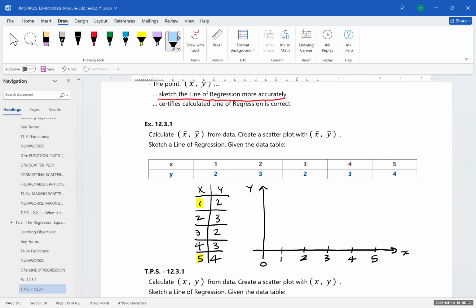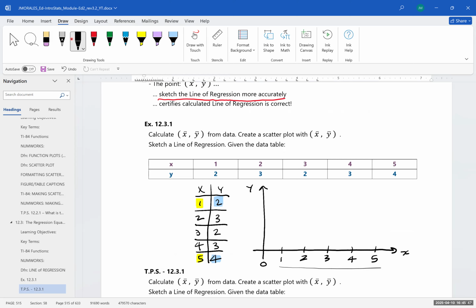Now I'm going to look for the minimum and maximum in my y values. I have a minimum of 2 and a maximum of 4. The other consideration is if I can maybe use the same scale on my y-axis that I had on my x-axis, that might be a little better.